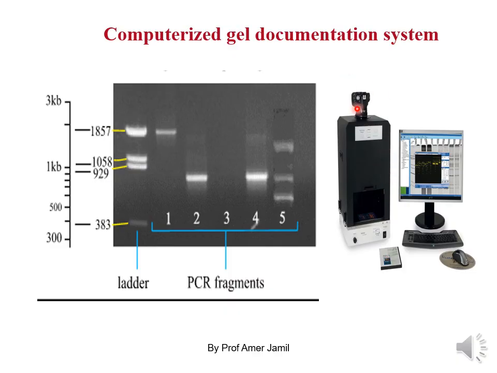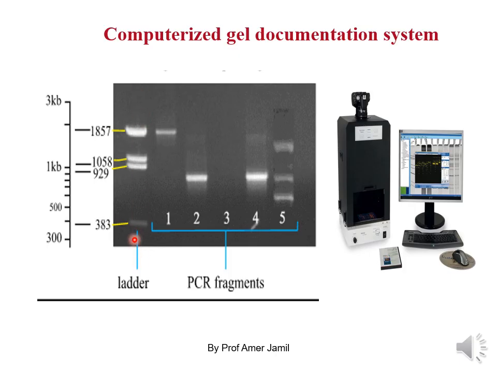You have a certain gel documentation system that is attached to the computer. So usually the bands you won't see in colored form, but you will see a computer generated image of the DNA. So you can see these are the DNA fragments, and it is very important to run a DNA marker or DNA ladder, or there are different names.